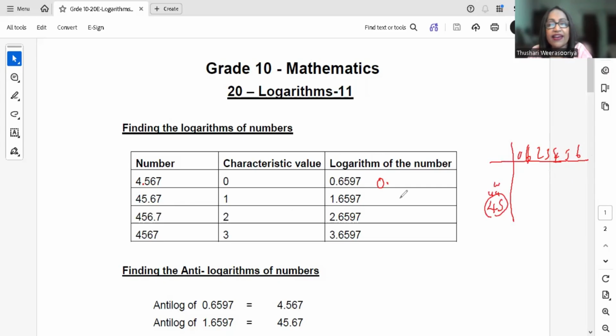Identify the 45 and 6 because we want the logarithm of 45.6. Then we go along 45, 6. There you get a number. That number is 6590.